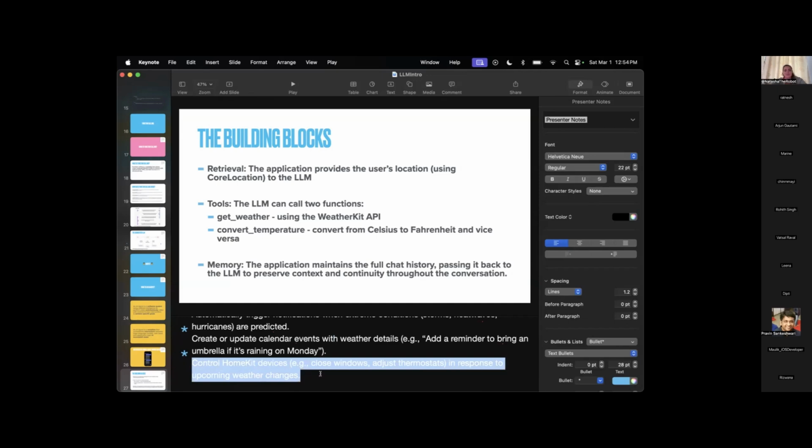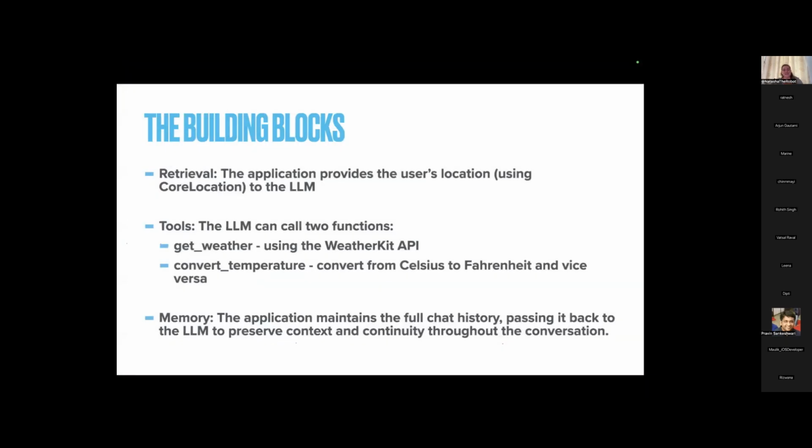So imagine if it's raining, then you close windows and adjust thermostats. If it's cold, then your HomeKit will make it warmer. So really think about this, because I feel like this gives so many opportunities for us as iOS developers, but unfortunately the Swift community has not been as big into LLMs.